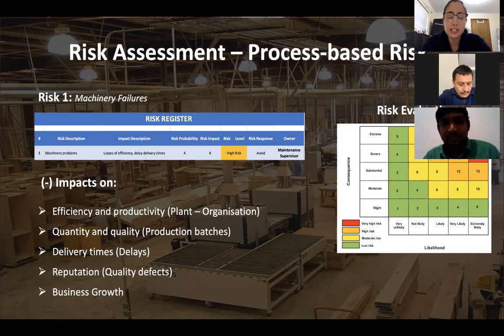This risk is really significant for the company because it has negative impacts on efficiency and productivity at the plant and organization level. It also impacts the production budgets related to quantity and quality, causes delays in delivery times, and affects reputation because of quality defects and business growth.